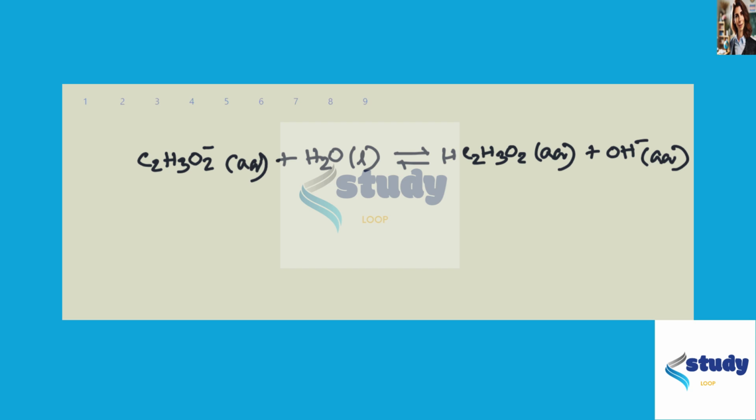Now, at the equivalence point, we have seen that the concentration of acetate ion is 0.0571 molar, and at that point we have 0 molar acetic acid and 0 molar hydroxide ion.